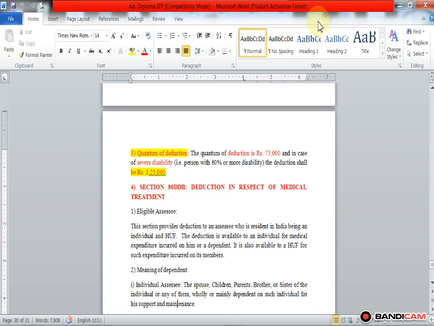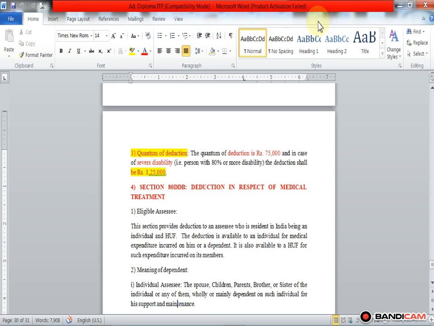So the eligible assessee is given here. Under this section, deductions are provided to an assessee who is resident in India, being an individual or HUF. The deduction is available to an individual for medical expenditure incurred on himself or dependent.